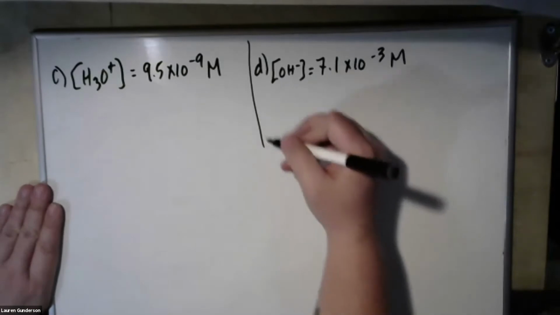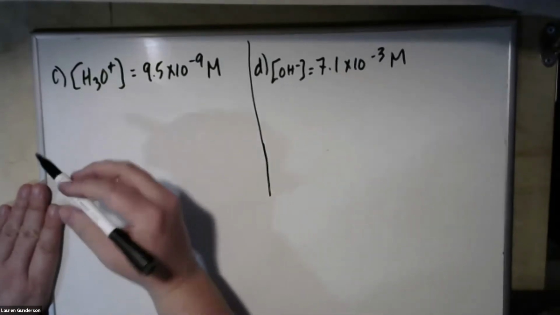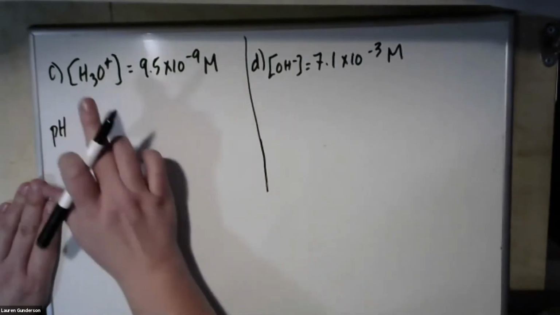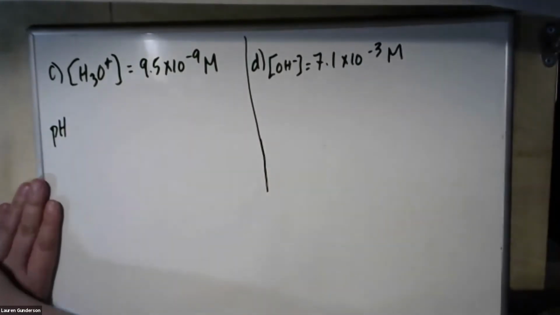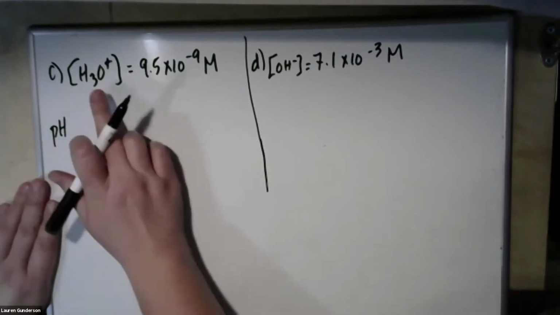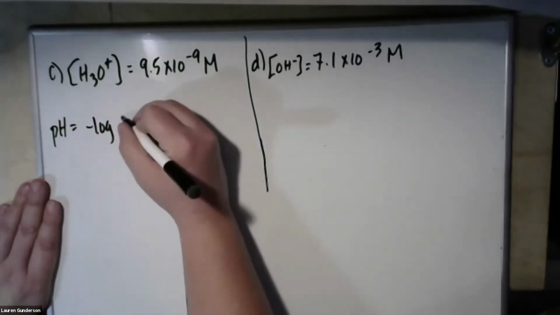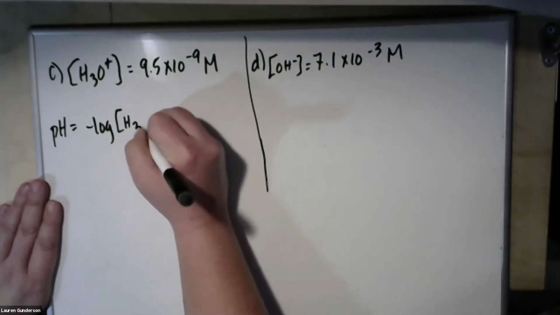Okay, so here we have our second set of calculations. Obviously, example C is a little bit easier because we're already in terms of hydrogen ion concentration here. So we'll take the negative log of that value.